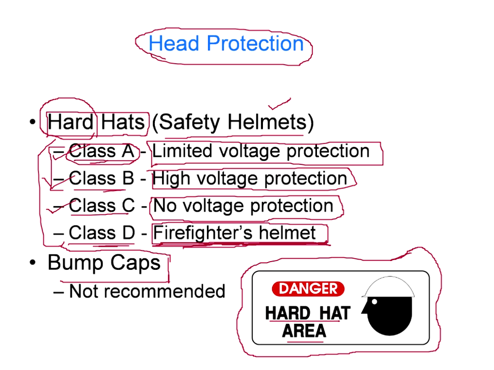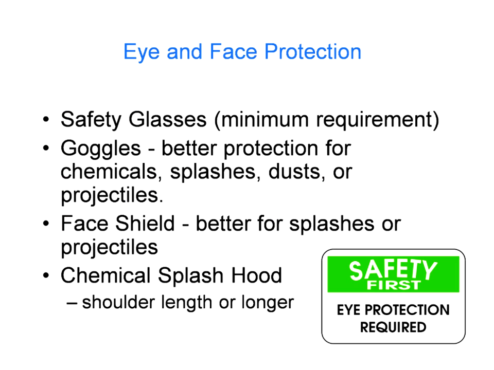The next type of cap is the bump cap, B-U-M-P. It is not recommended unless the area is unsafe for the head. There is a label like this, hard hat area. Hard hat area means you have to use any of these classes. So you will read the situation of the company.